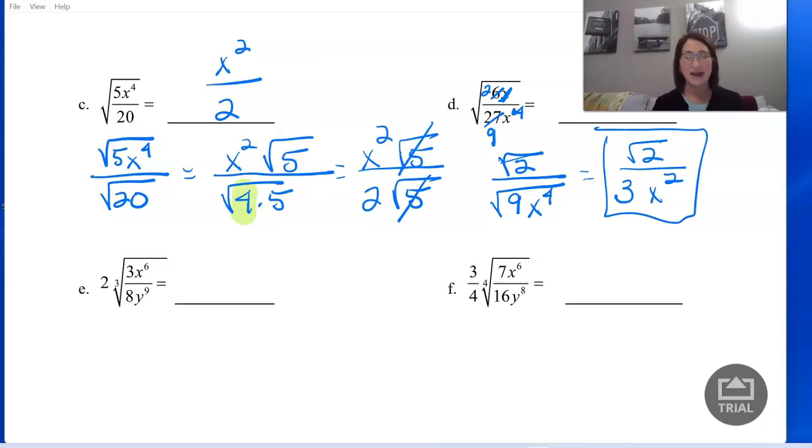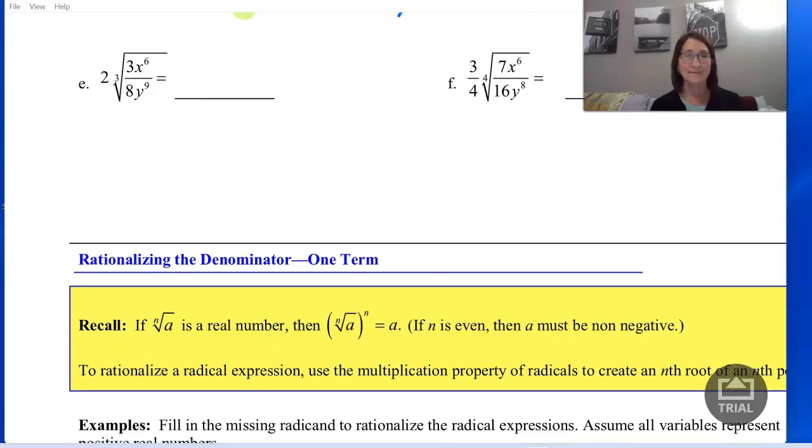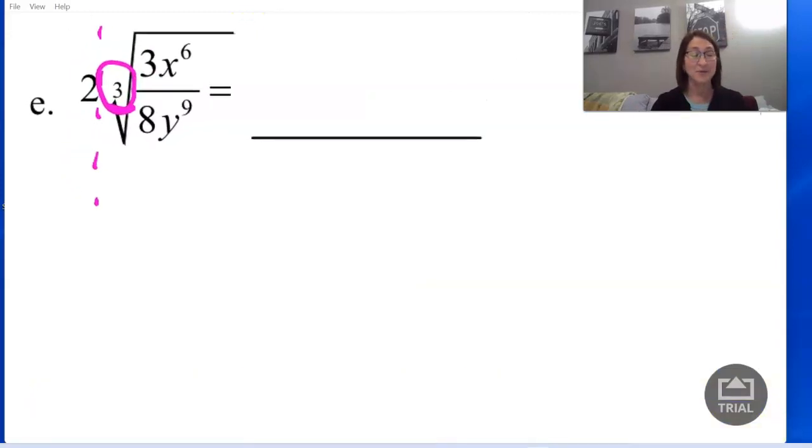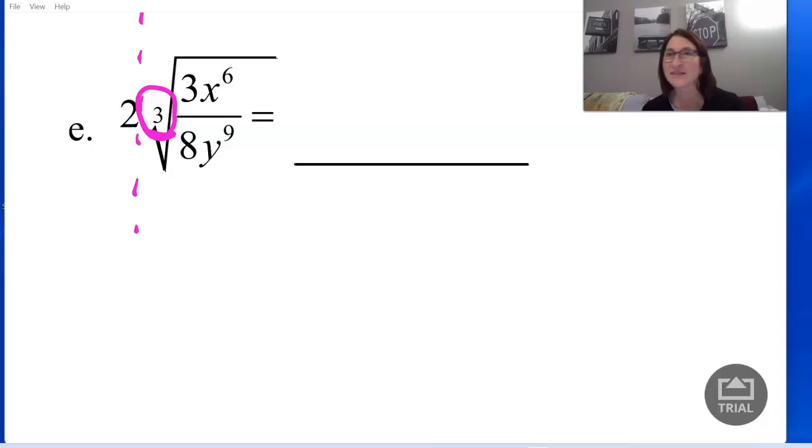All right, let's go ahead and look at E. So the thing about E is, first of all, this 2 is outside of the radical. Second thing is my index is a 3. It's not a 2 anymore. All right, no problem. I also see that my exponents are multiples of 3.